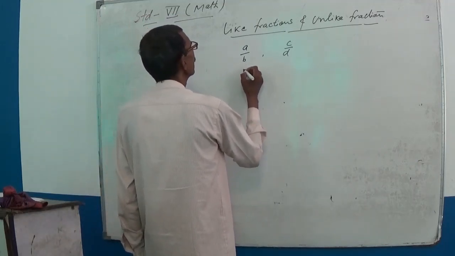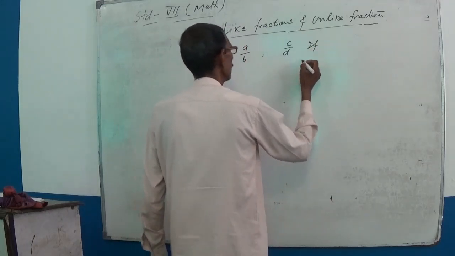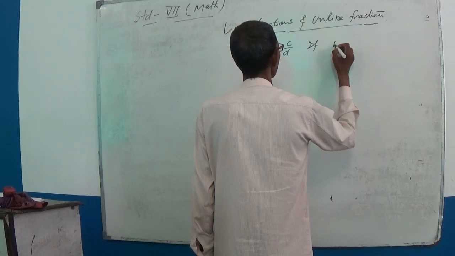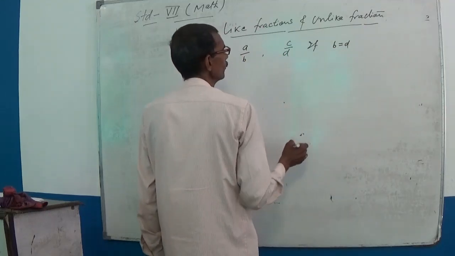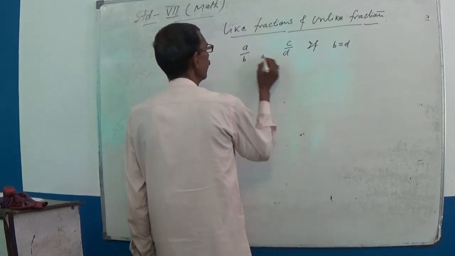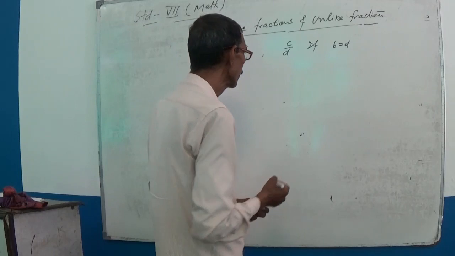If B is equal to D, then both the fractions are called like fractions.